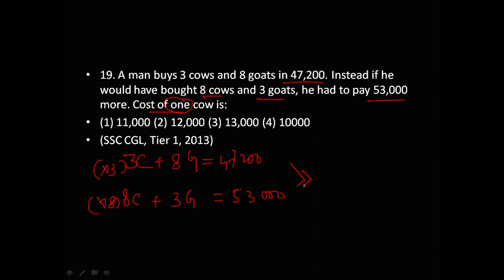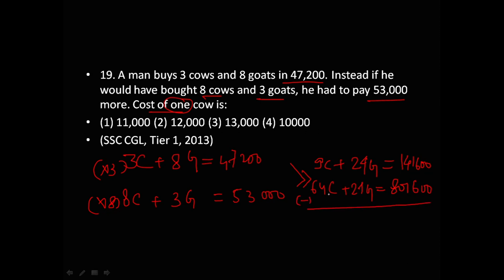So it would be 9C plus 24G equals 141,600, and 64C plus 24G equals 424,000. Fine.